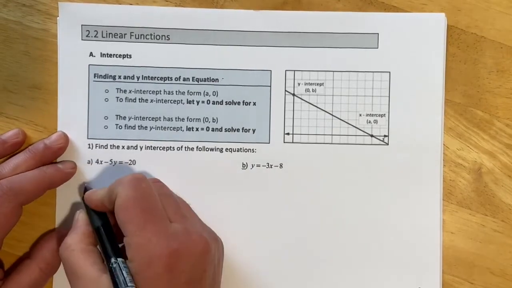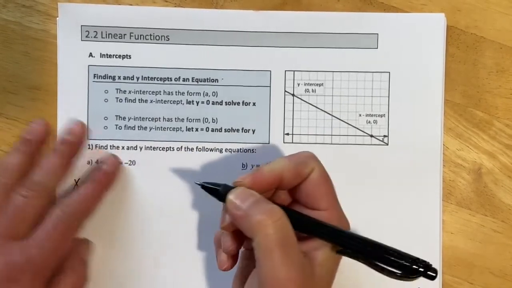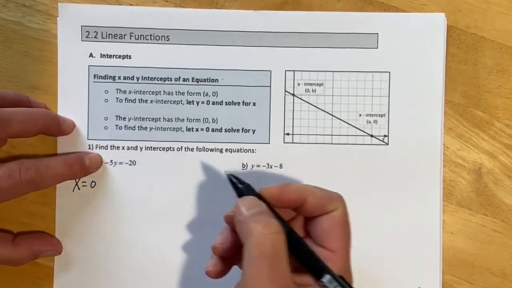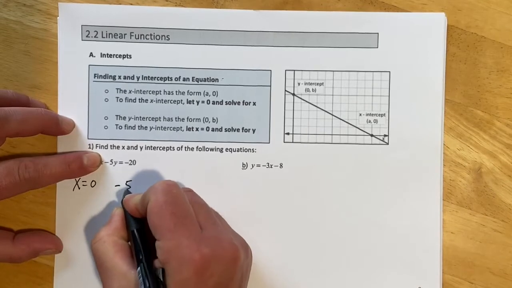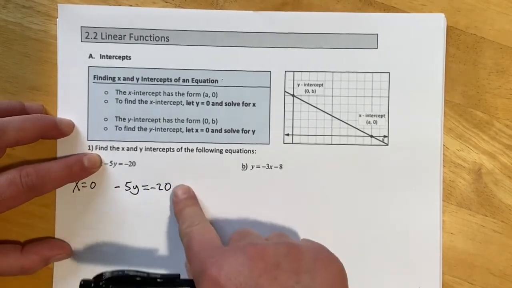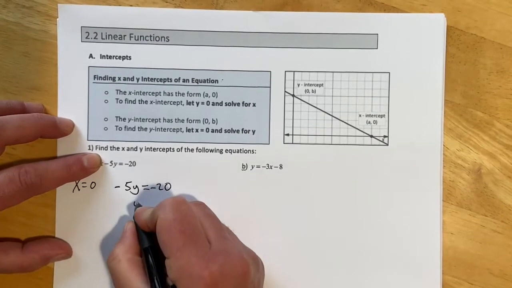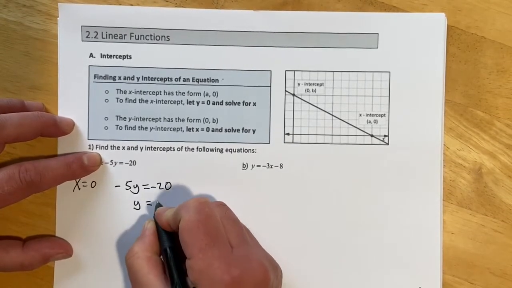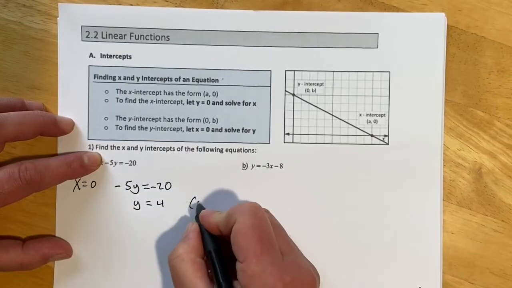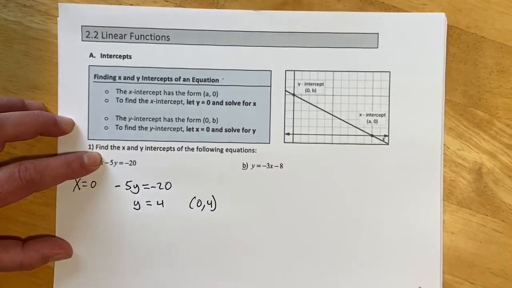So here, if I let x equal 0, then I'm solving for y. So 4 times 0 drops out, and I just have negative 5y equals negative 20. I can divide by negative 5, and I have y equals positive 4. As an ordered pair, when x is 0, y is 4.